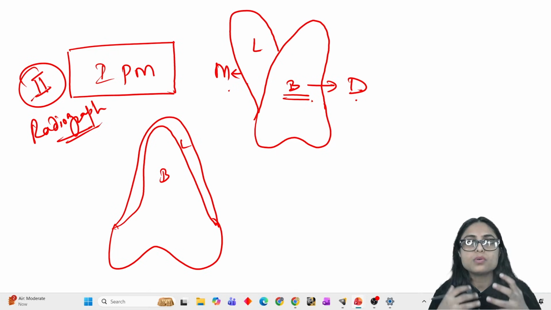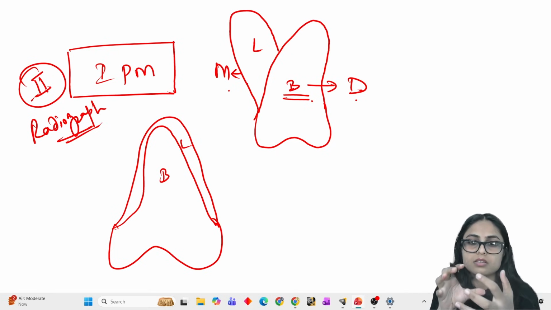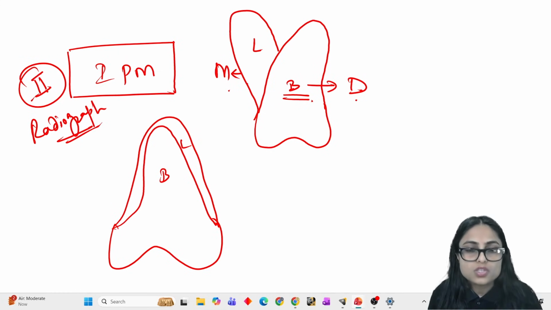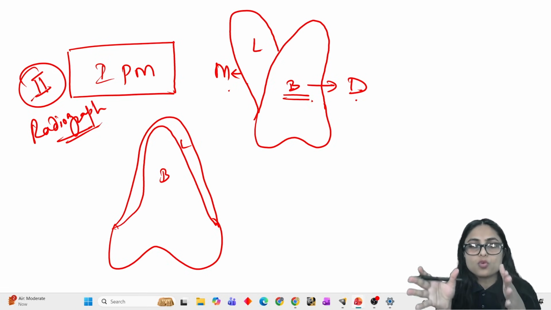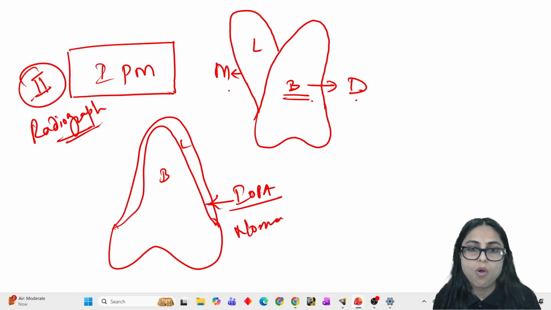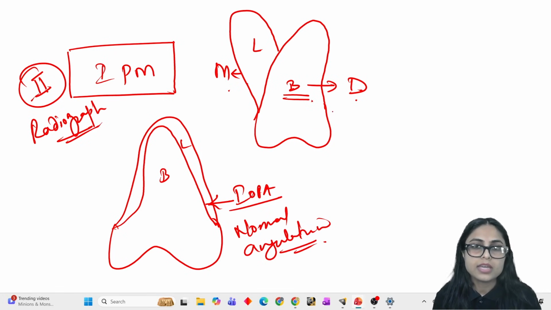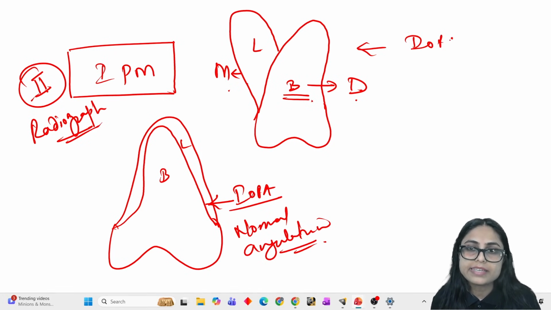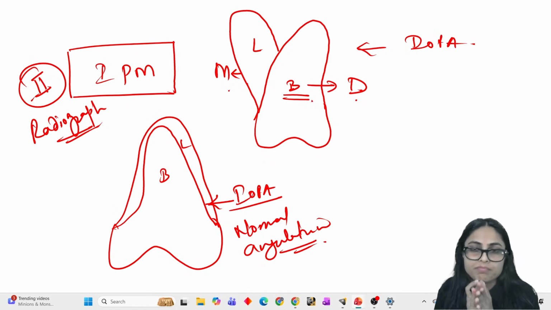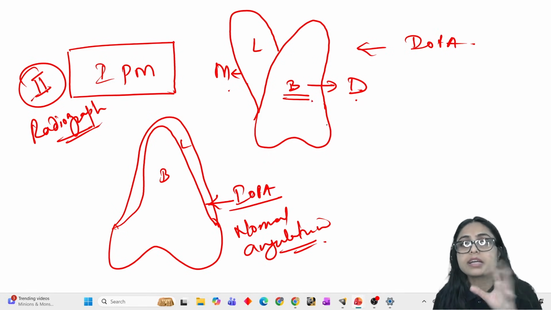Now we want to separate the roots, the buccal and lingual roots, so we are going to shift our tube. The first IOPA you will take with normal angulation. The second IOPA we will take just by shifting the tube. They have already given the condition here.